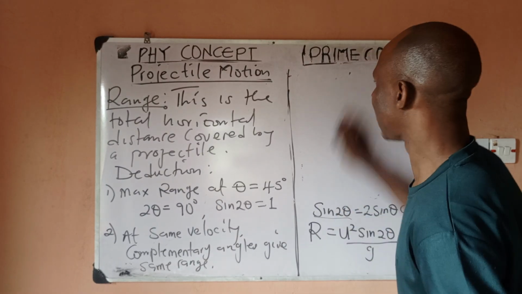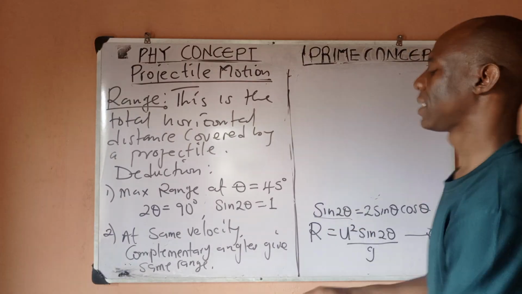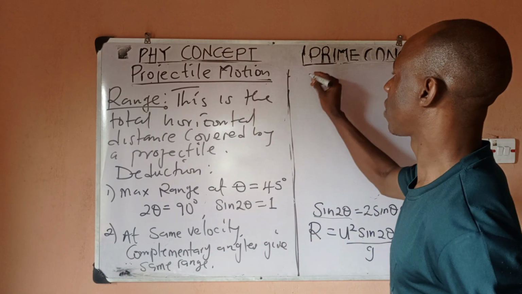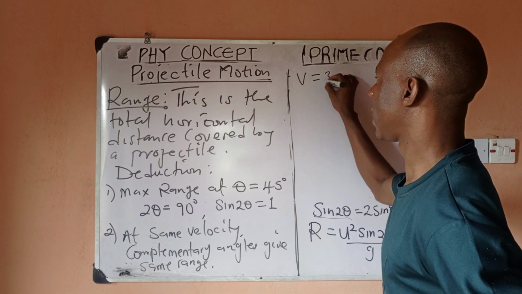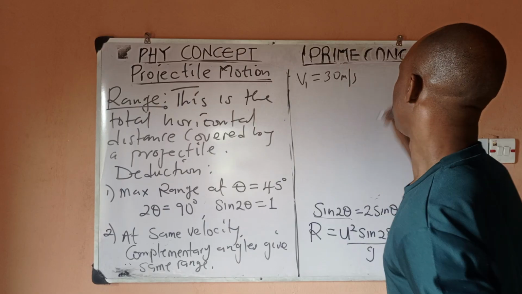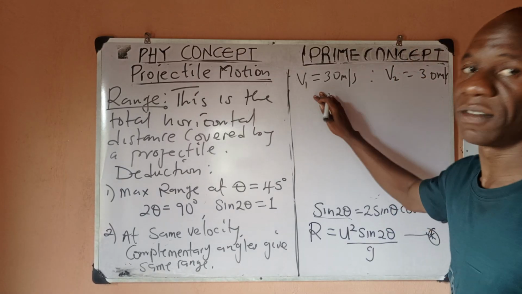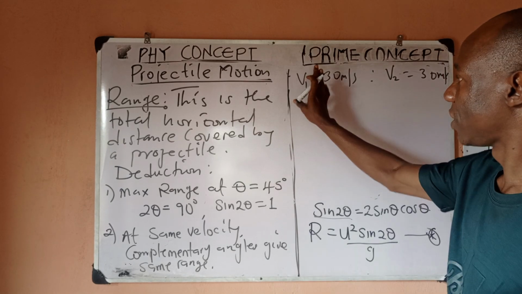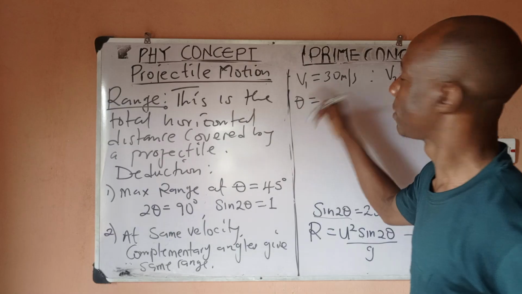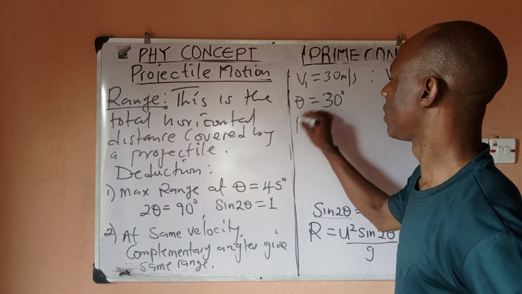These are complementary angles. And we are saying that when velocity is constant, if you have 2 conditions, say condition 1, velocity is 30 meters per second, the first velocity. Condition 2, velocity is also 30. So this means that velocity is the same. So for this first situation, they tell you that the angle of projection theta, let's say it is 30 degrees. What would the range be? We can calculate it.